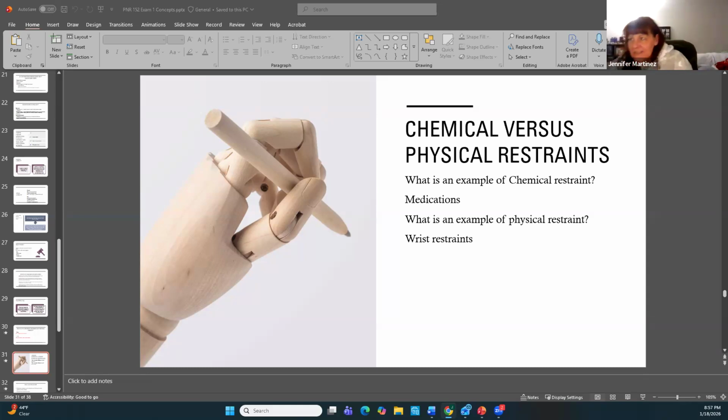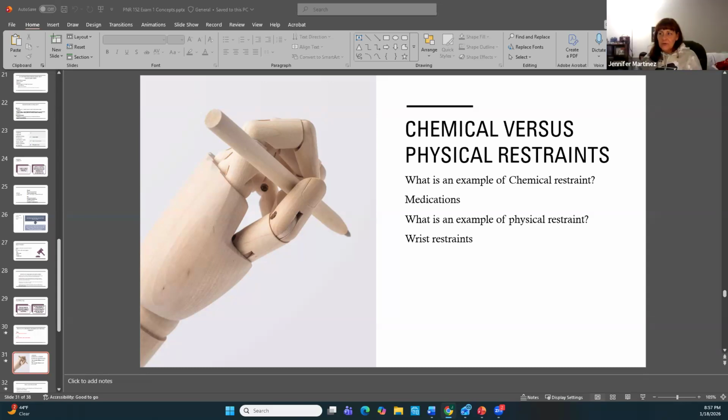A physical restraint would be physically restraining your client. So wrist restraints, preventing them from getting up out of a chair, blocking passages, keeping them secluded in a room, not letting them go to different activities.